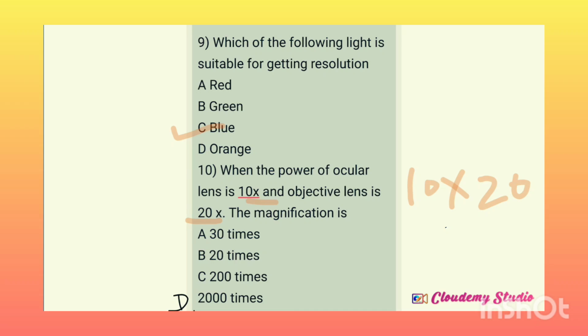So 10 multiplied by 20, the answer will be 200x, meaning 200 times magnification will be obtained when a 10x ocular lens and a 20x objective lens are used in the microscope. So the answer to this question is 200 times, option C.